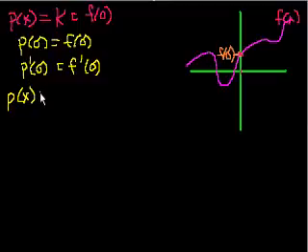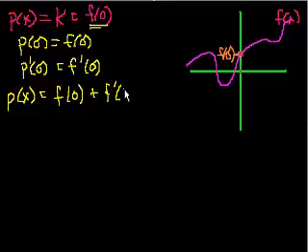So what if p of x is equal to, well, the constant term is f of 0, and then it's plus the derivative of this function, so the slope of this function at that point, f prime of 0 times x. So this is a polynomial. I just added a constant, and now I'm adding a first degree term.